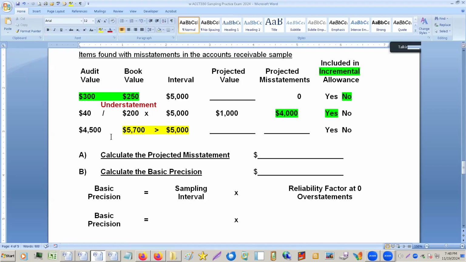Now, when that happens, we go to the actual loss and not the estimated loss. We know exactly what the actual loss is. So we'll take the 5,700 minus 4,500, and this equals our $1,200 actual misstatement.